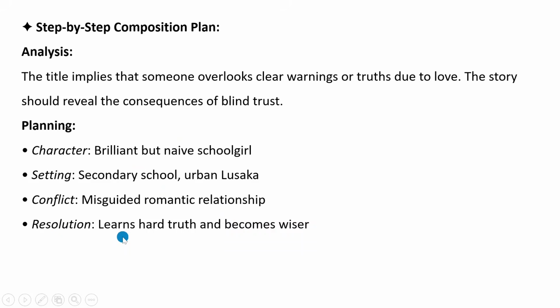What was the solution which led this character to realize that love is blind? She learns a hard truth and becomes wise. In that relationship, she learns some truths which were not clear and then becomes wiser to say love is blind, so that it matches with what? With the title. Okay, so let's now go to the same story with the title Love is Blind as already provided.